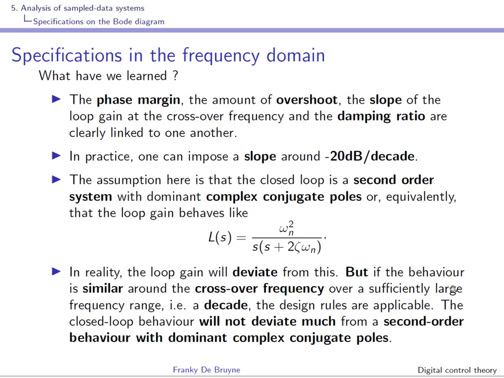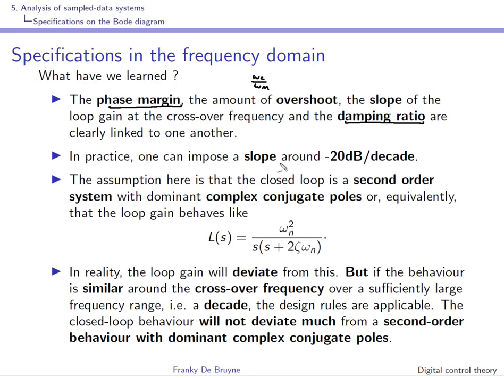So what have we learned so far? We have learned that the phase margin, the overshoot, and the slope at the crossover frequency, but also the normalized crossover frequency depend on the damping ratio. So once you have the damping ratio, you can obtain the crossover frequency and the phase margin.